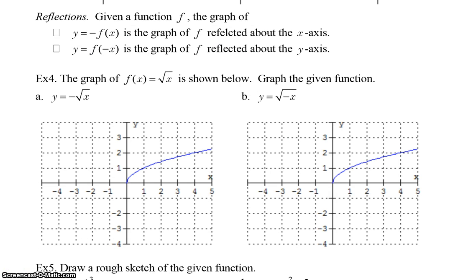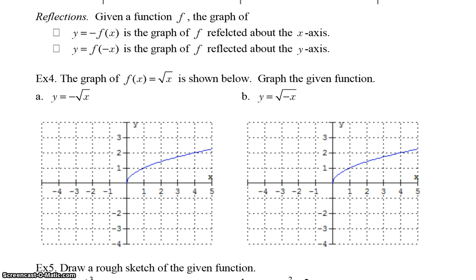Another type of non-rigid transformation is a reflection. Given a function f, the graph of y equals minus f of x is the graph of f reflected about the x-axis. That is, you take the graph of f and flip it over the x-axis. That gives you the graph of minus f.